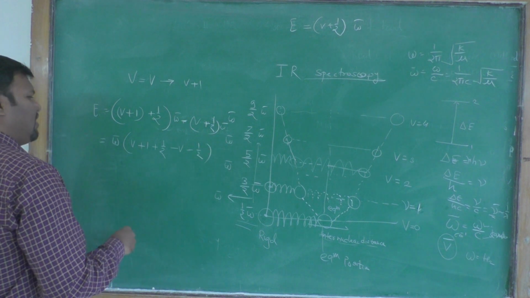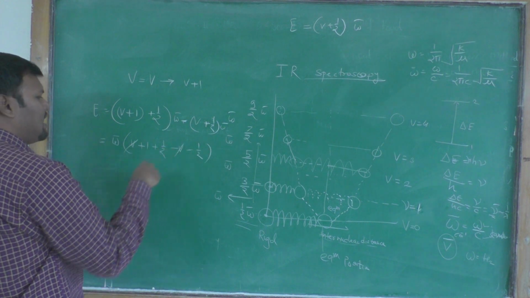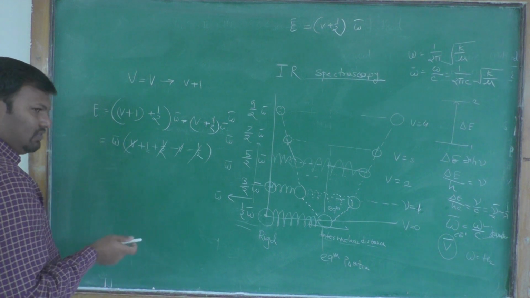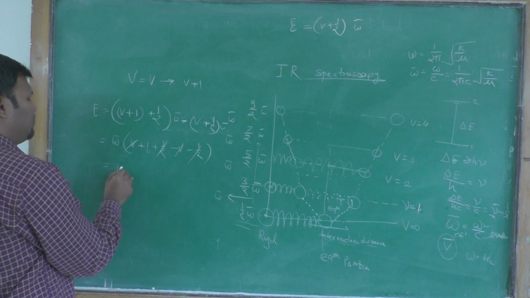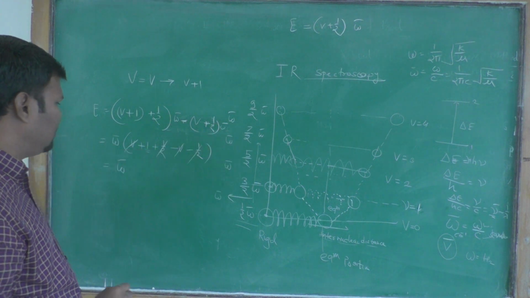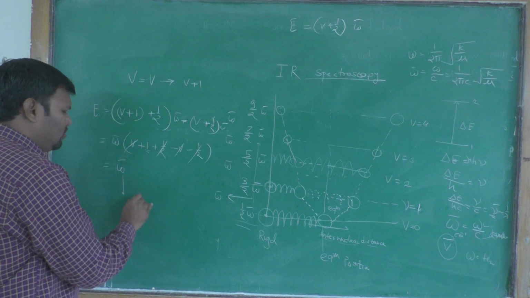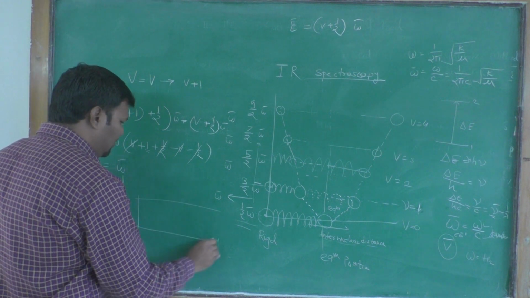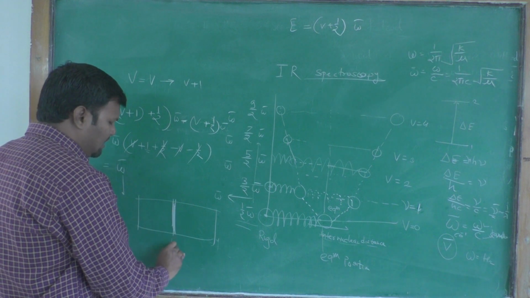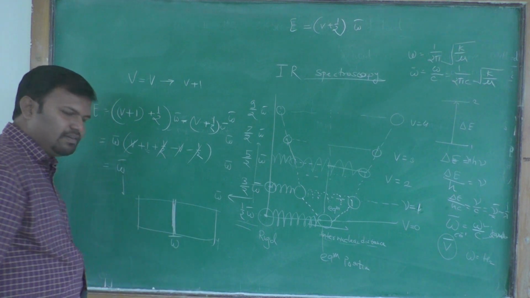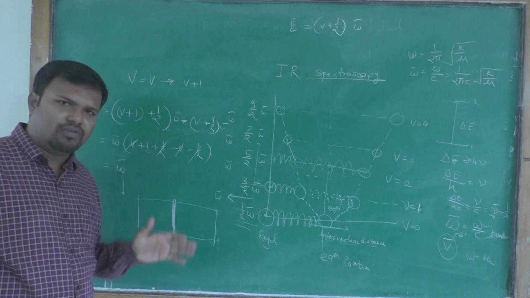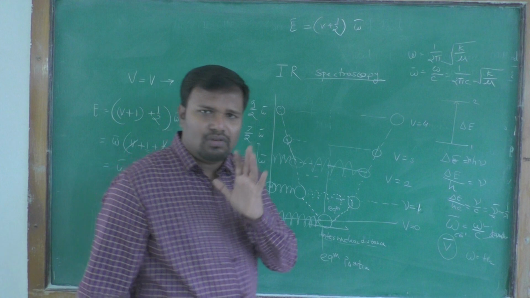In this case V cancels, 1/2 cancels, and only one term remains, which is omega bar. This matches the difference between each pair of energy levels being omega bar, and you find only one frequency in your IR spectra, that is omega bar. This is all about IR spectroscopy. I hope you got this. Thank you very much.